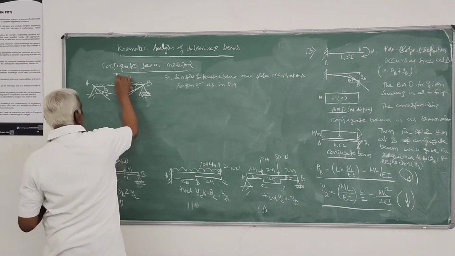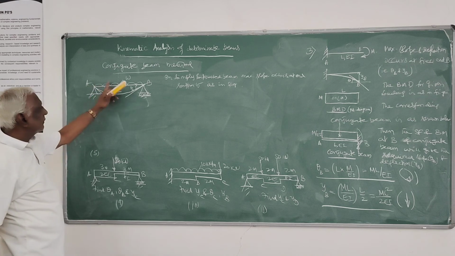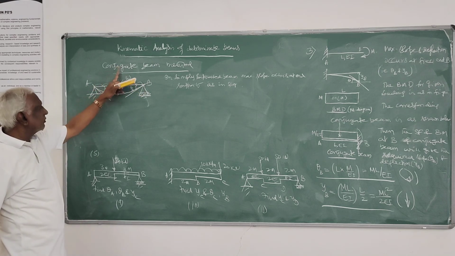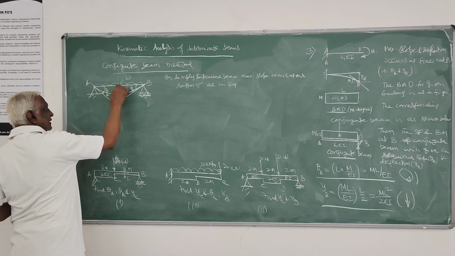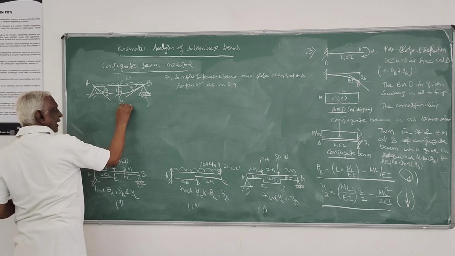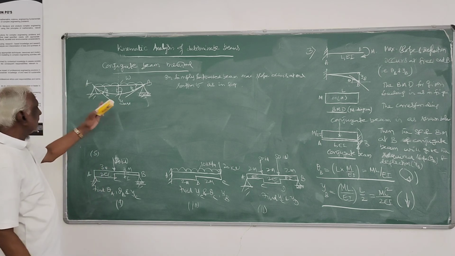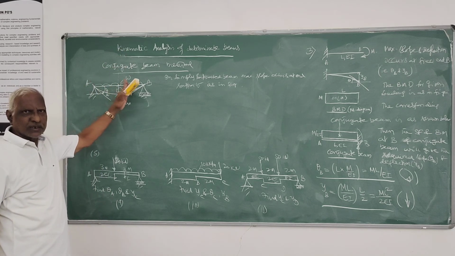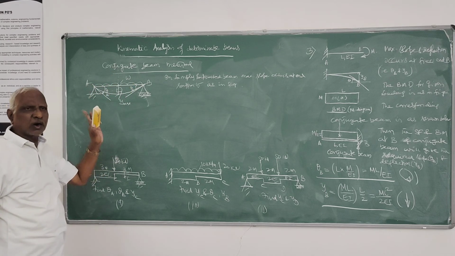And maximum deflection occurs under maximum load. Here only one type of load will be acting at the center. So maximum deflection occurs here. Right? So the resultant load will act here. It is UDL, so the resultant will be at the center, under that point.